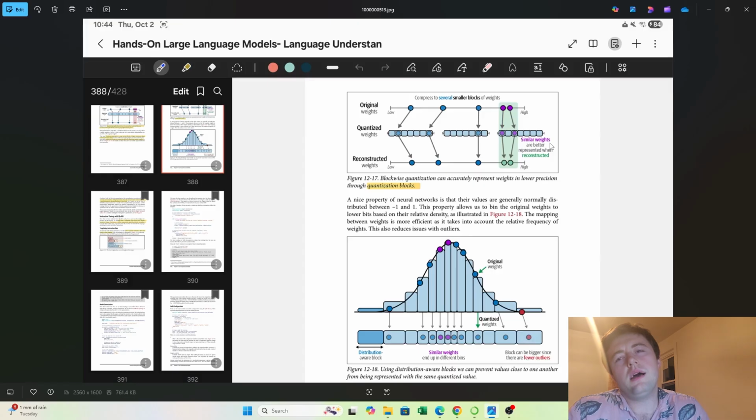So, for example, I believe that the way this book explains quantization is basically just in terms of reducing the size of the vector embeddings, which has the trade-off of lower precision, as you can see here, into what are called quantization blocks. And the idea is that you remove some of the bits to make them smaller, right?